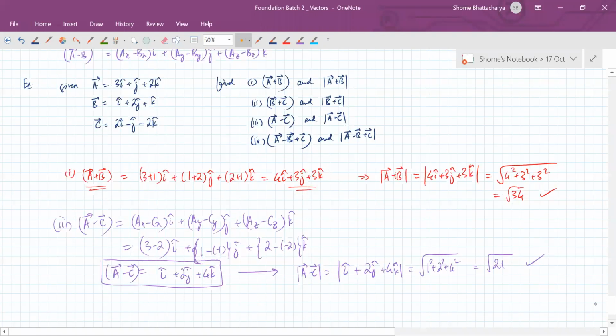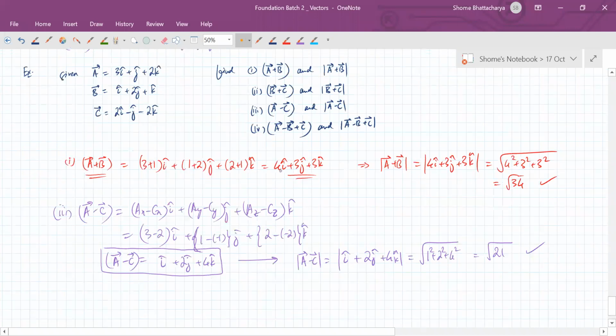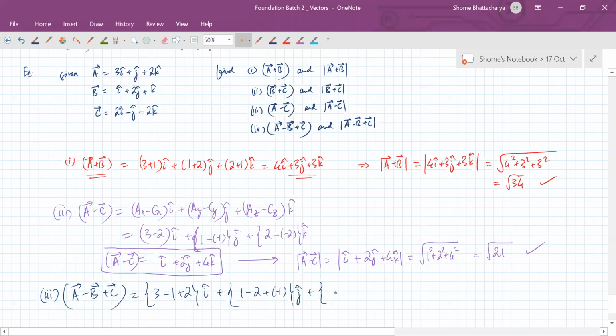Okay. Now likewise, let's work out the third part of the question. A minus B plus C. How we'll do this? Each of the components we'll do this way. A's x component is 3, minus B's is 1, plus C's is 2. So this is I cap. Similarly for J cap we have 1 minus 2 plus of minus 1. And for K cap similarly we have 2 minus 1 plus of minus 2.